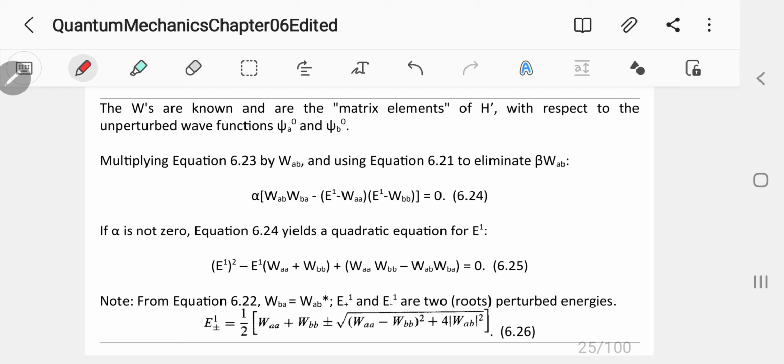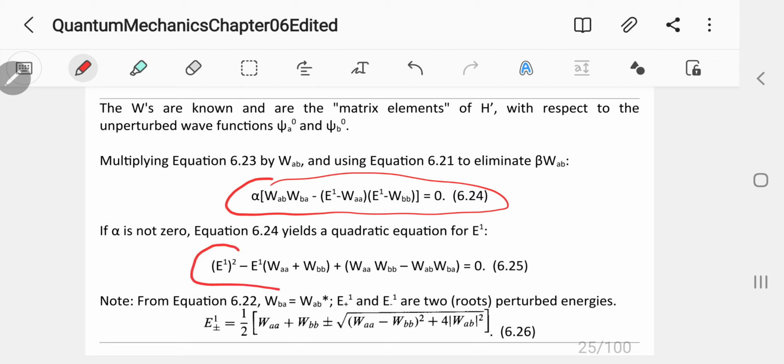You can do the details in your notes, and this is now the quadratic equation of E1.